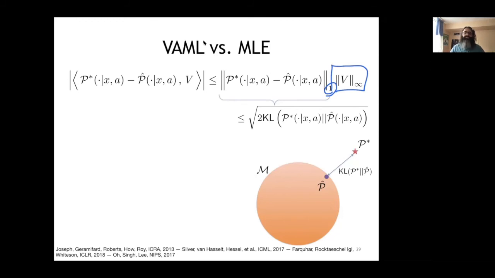This is basically saying that if this total variation distance is small, then what I care about is also small. But then there is another step. From the previous slide, that Pinsker inequality, we know that this total variation distance is upper bounded by the square root of the KL divergence between these two distributions.